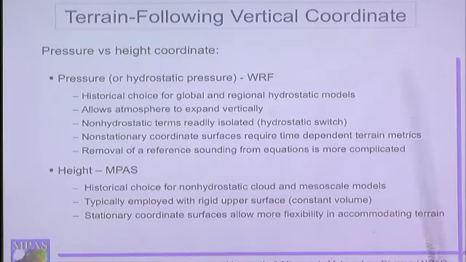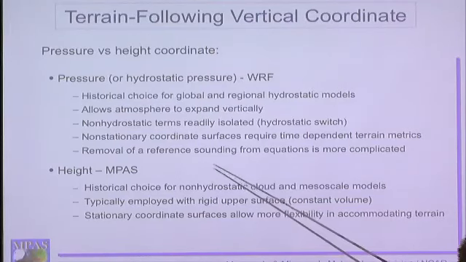We now have non-stationary coordinate surfaces as the heights of the pressure surfaces are changing with time. So we have time-dependent terrain metrics, if you like, or in other words, we now have additional time-varying variables. Now the geopotential or the height is changing, and so on.